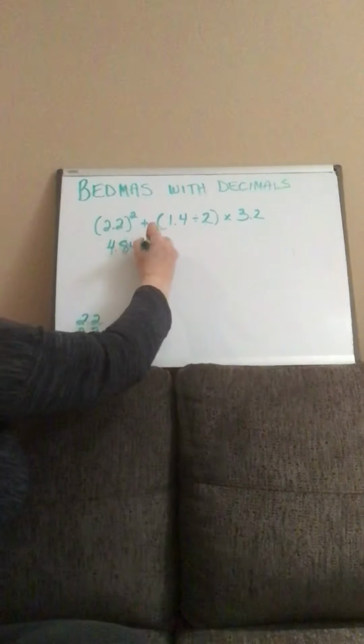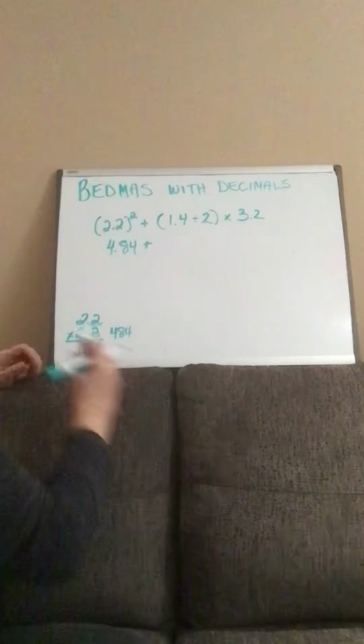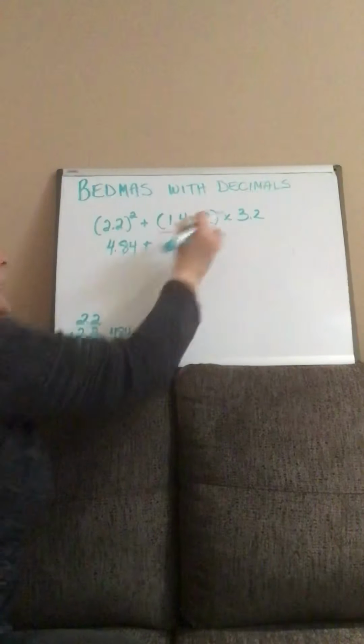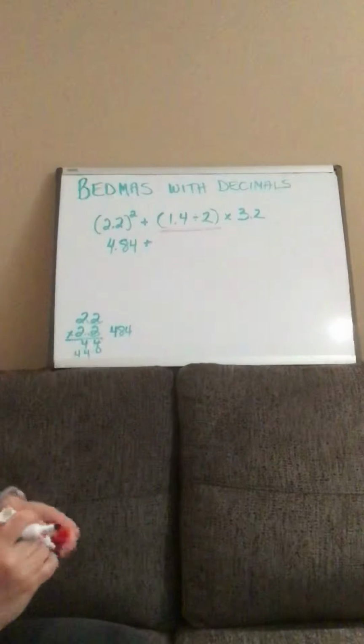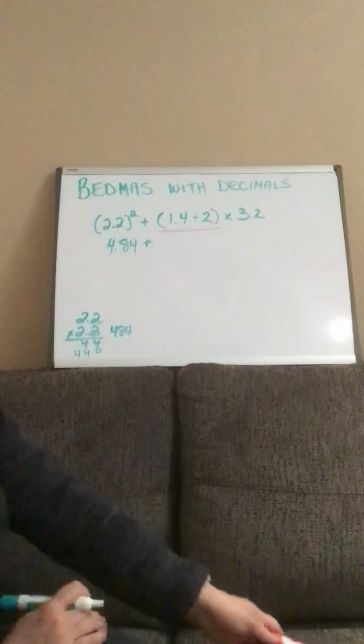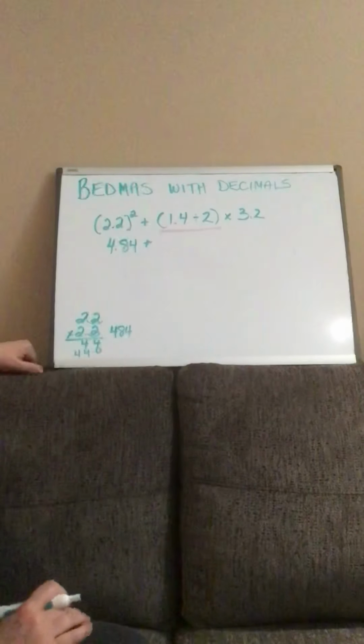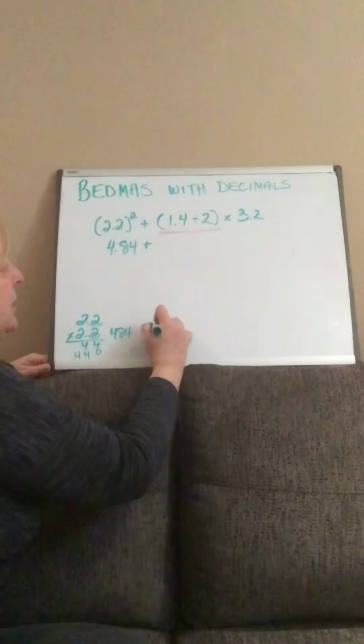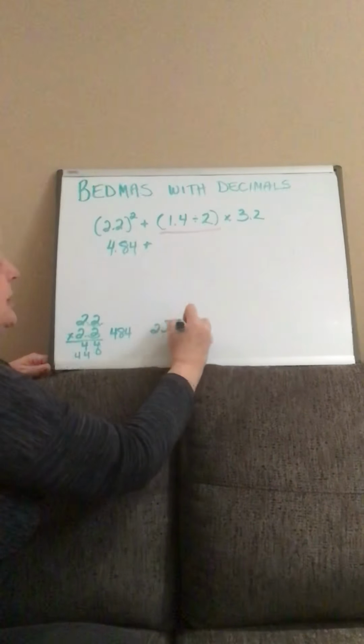Now I'm going to deal with this part of the question, which is the second set of brackets. Notice I did this first set of brackets first. So 1.4 divided by 2. 2 into 1.4.